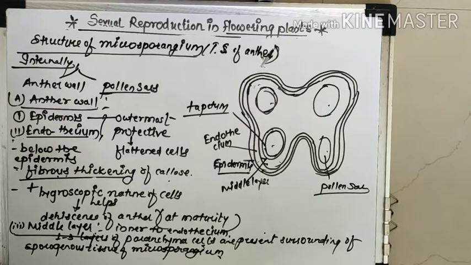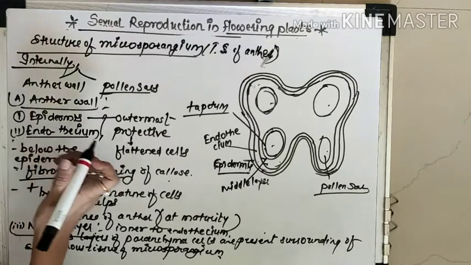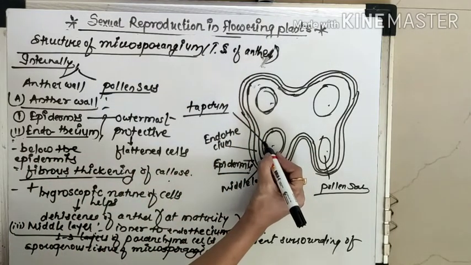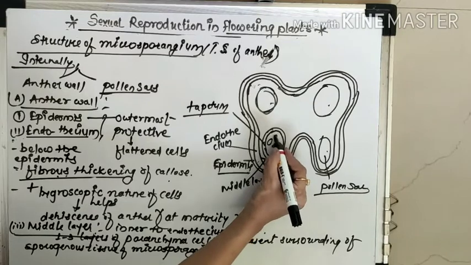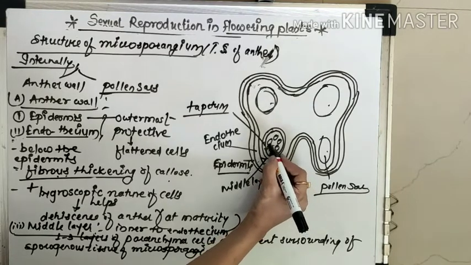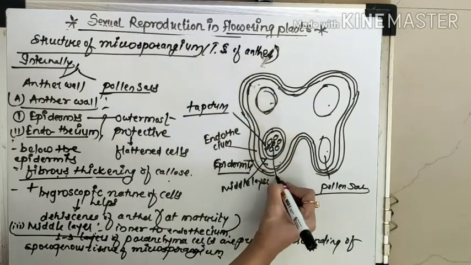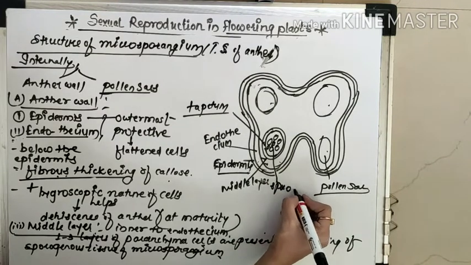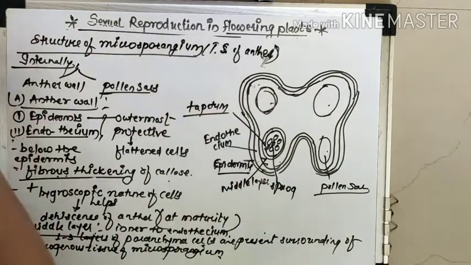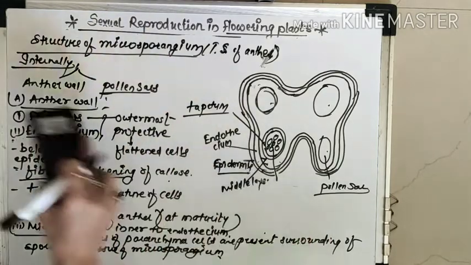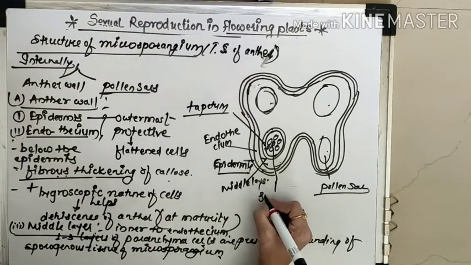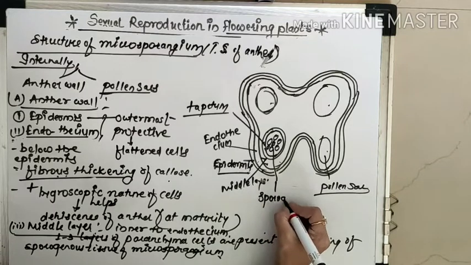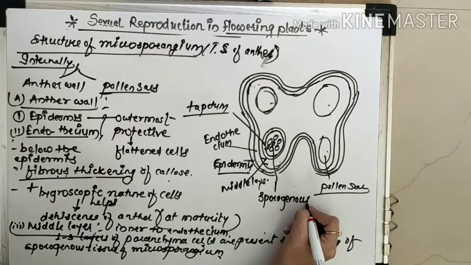Where is the sporogenous tissue? So you can see inside, this layer is a tapetum, and inside that, cells are there. That cells is known as sporogenous cells or tissues.